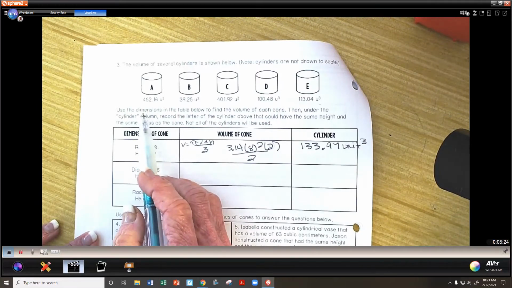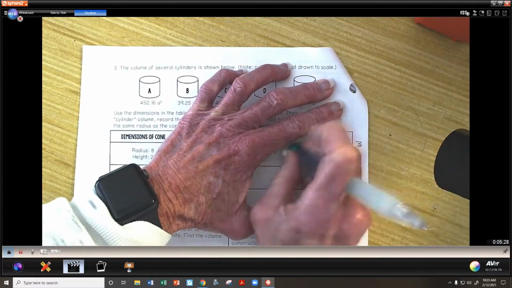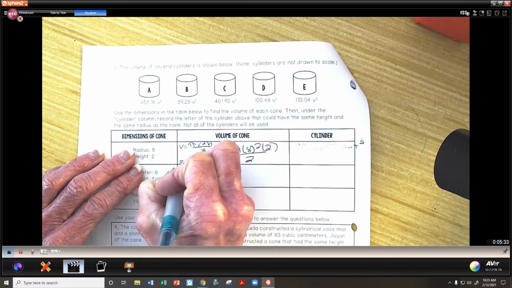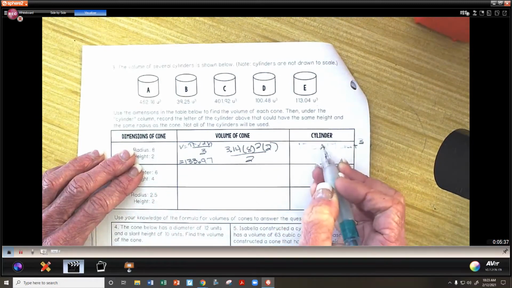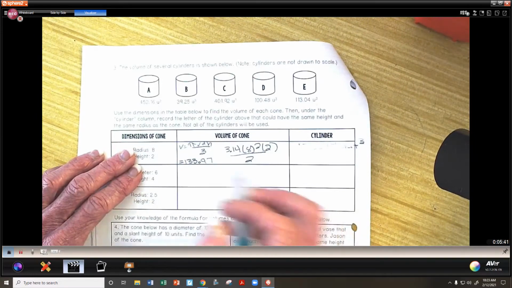Oh, I guess I should read what it would be. Okay, let me do that again. That was the volume of our cone, so that's 133.97. Okay, so we want to know which cylinder it would be. Helps when you read the directions, guys.